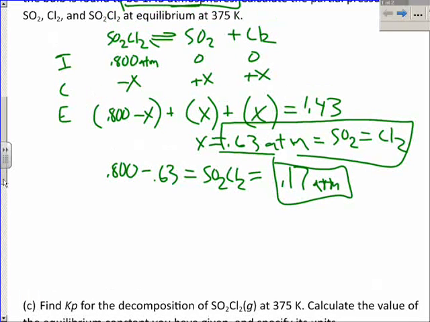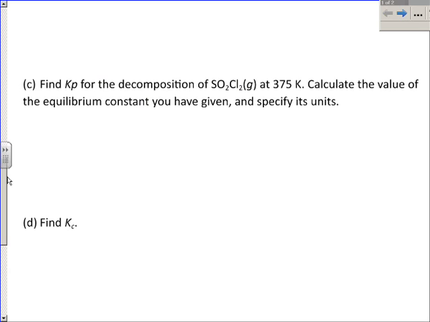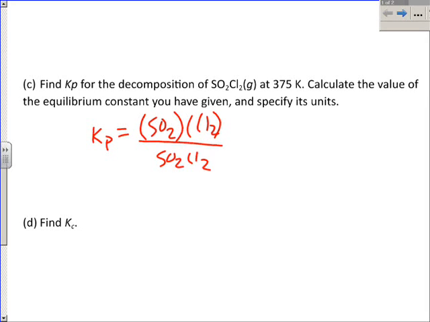Remember in that last problem, we just determined that the equilibrium pressures of our two products were 0.63 and our reactant was 0.17. So if we set up our K expression here, now based on the equation, Kp would equal SO2 pressure times Cl2 pressure over the SO2Cl2 pressure.